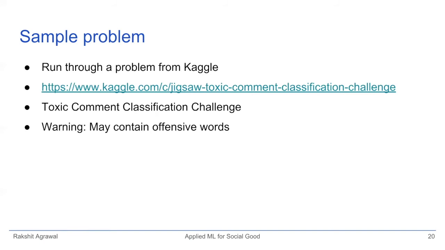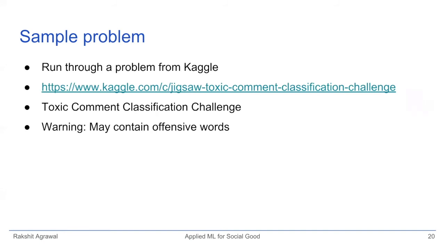So in communications currently, like forums, there's this big idea of hate, and people are just writing a lot. There are a lot of hate comments on social media. So Kaggle hosted one challenge. I think it was funded by Google also, about toxic comment classification.